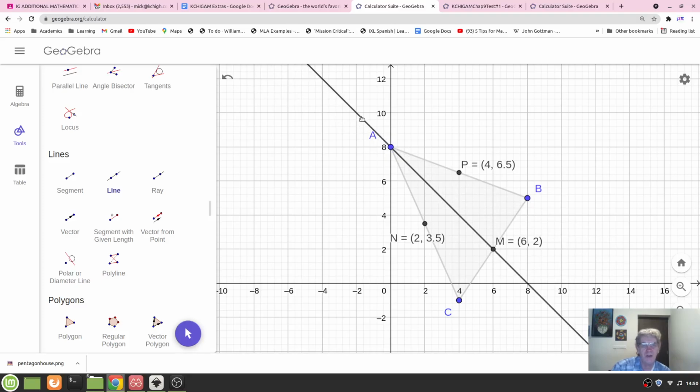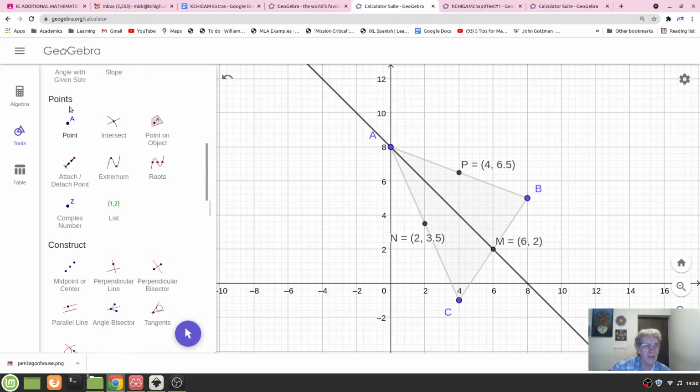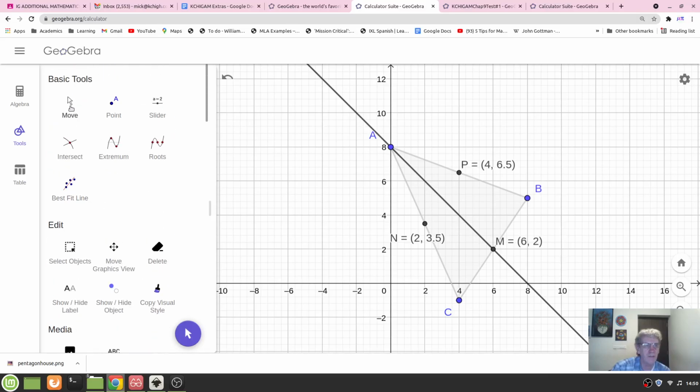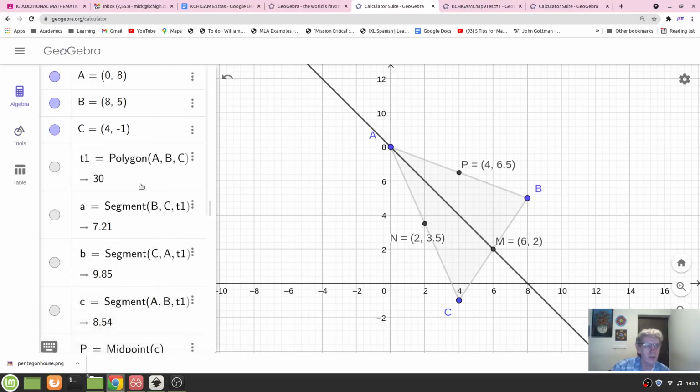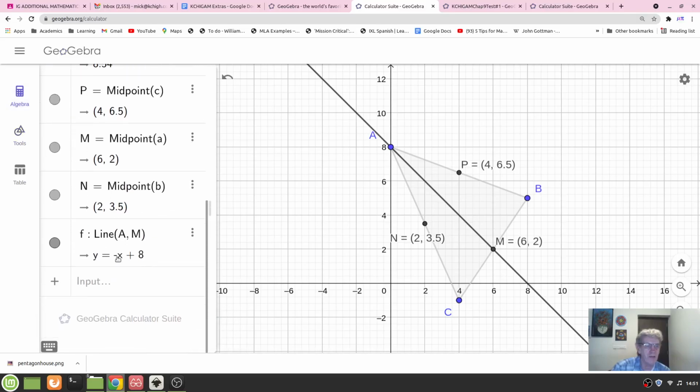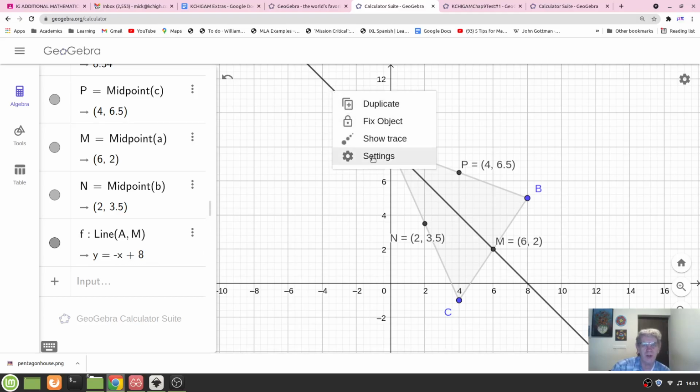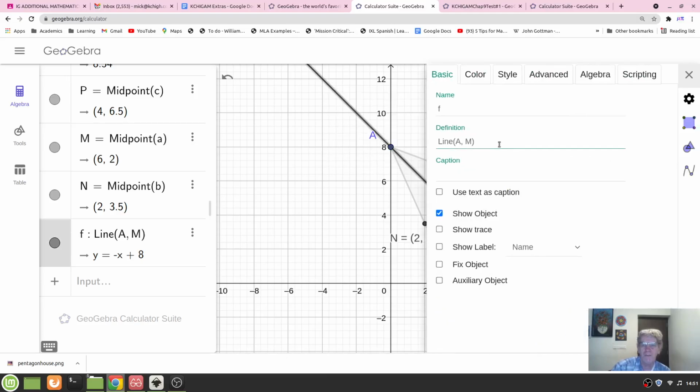Now let me go back up and hit the move tool again. Let's investigate the properties of this line. I can either go to the algebra menu. The latest thing I have here is the line y equals minus x plus 8. That looks good to me, so I'm going to show the object and its label.